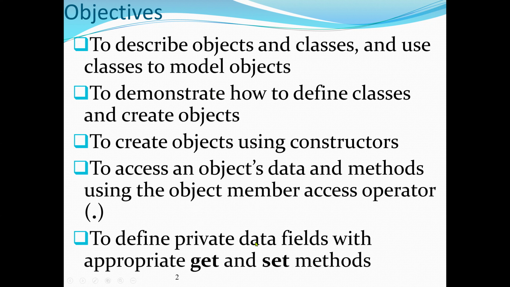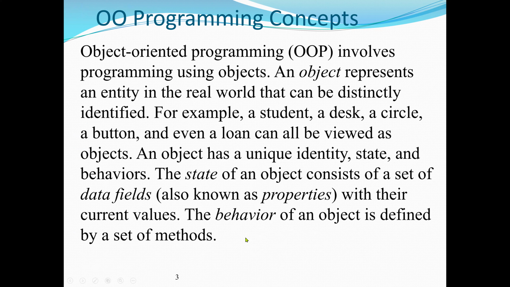So again, let's start. Here we said object-oriented programming normally involves programming using objects. And we know procedural languages normally involve programming using functions; we try to identify the tasks, and we write the code for the tasks or the functions.